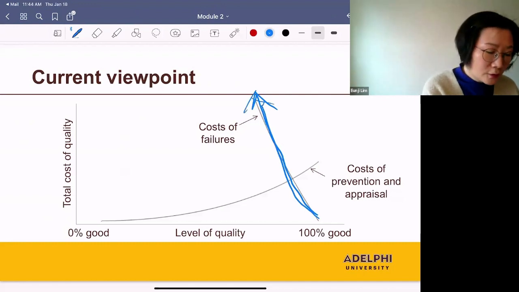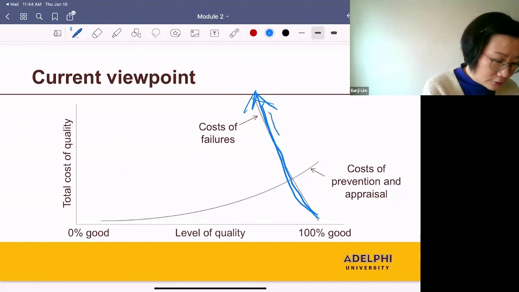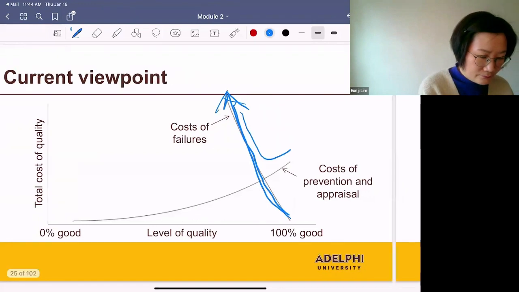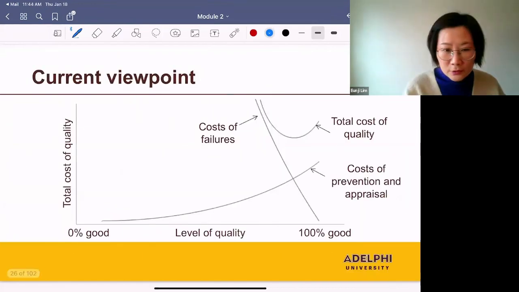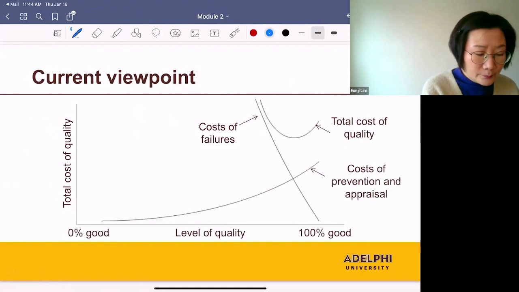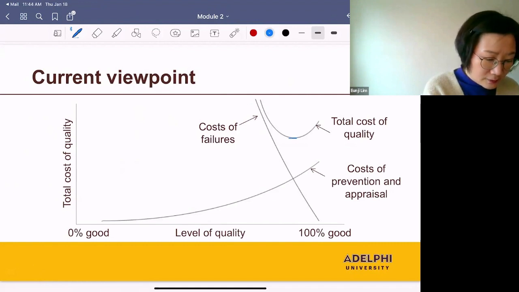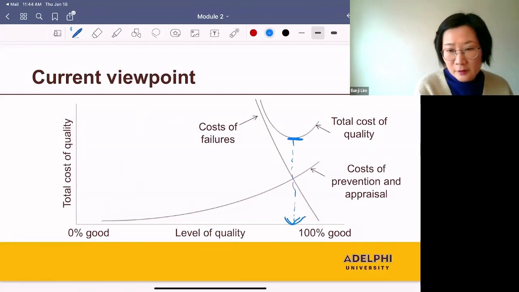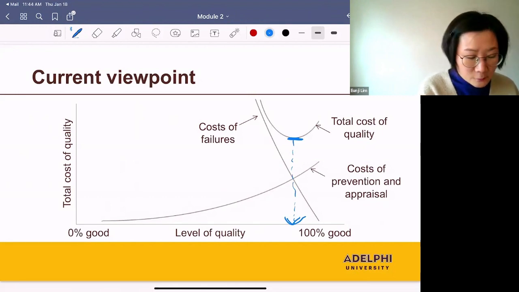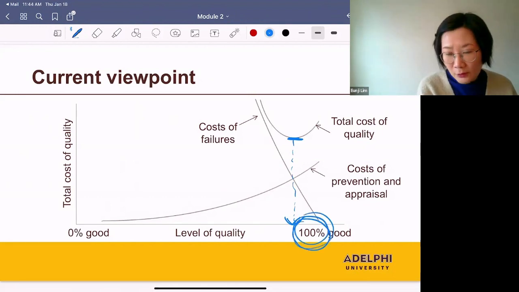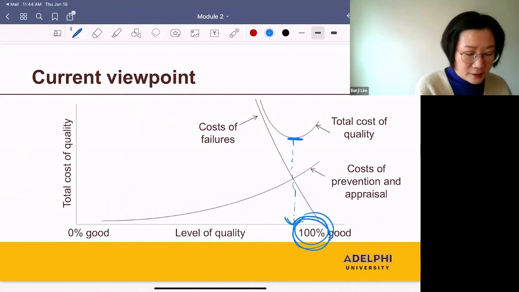So the total cost of quality, the sum of these two, looks like this. So what's the minimum of the total cost of quality? It's somewhere here, and to achieve this minimum cost, we have to maintain this level of quality. So this level of quality is much closer to 100%. So now the ideal defect rate is close to 0.